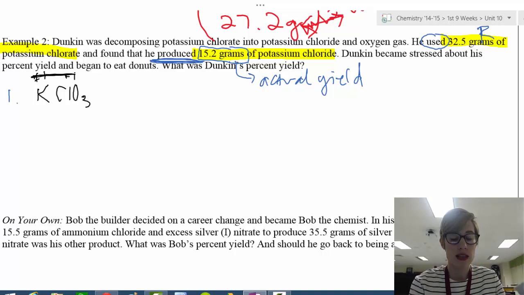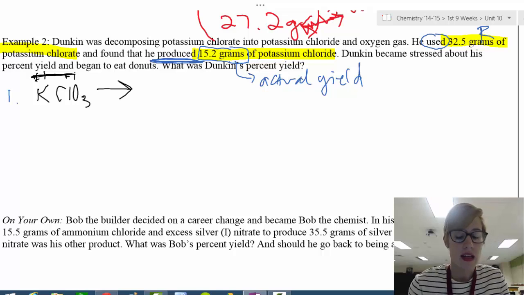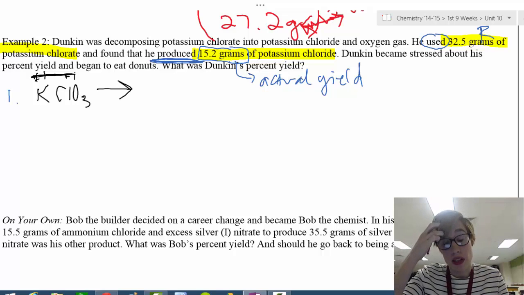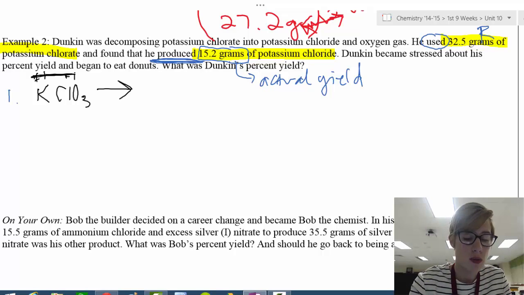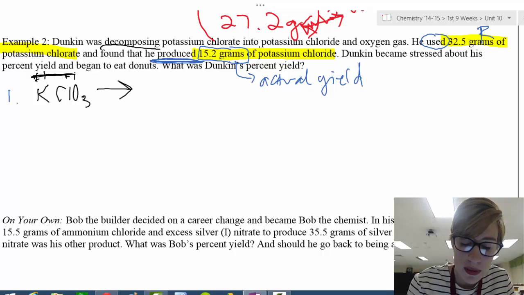He's decomposing this guy, potassium chlorate, into two different things, which means potassium chlorate is the only reactant. Another hint that potassium chlorate is the only reactant is that he uses the word decomposing. Remember, a decomposition reaction is when you have one reactant and multiple products. Okay, so what are we decomposing this into? We're decomposing it into potassium chloride and oxygen gas.